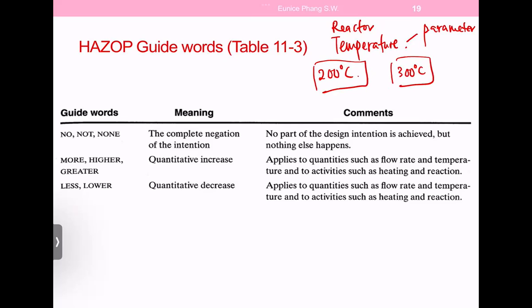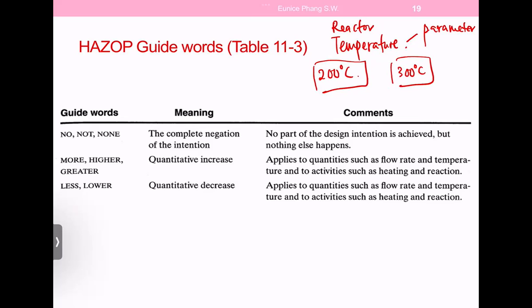And what are the possible things that can go wrong with higher temperature? Possibly my cooling water is not working. If I have a stirrer, then maybe my stirrer is stirring too fast, generating heat and causing the reactions to be more rapid. Or perhaps the cooling water is supposed to come in at 20 degrees Celsius, but it came in at maybe 100 degrees Celsius, so it doesn't cool enough. There are so many possibilities.